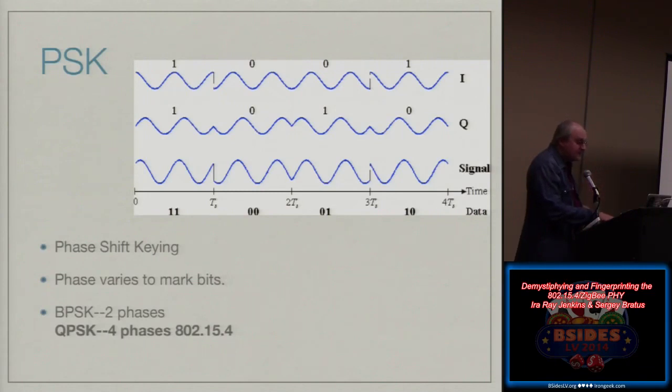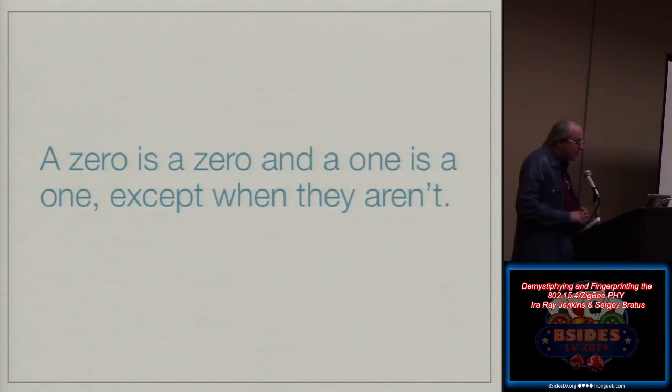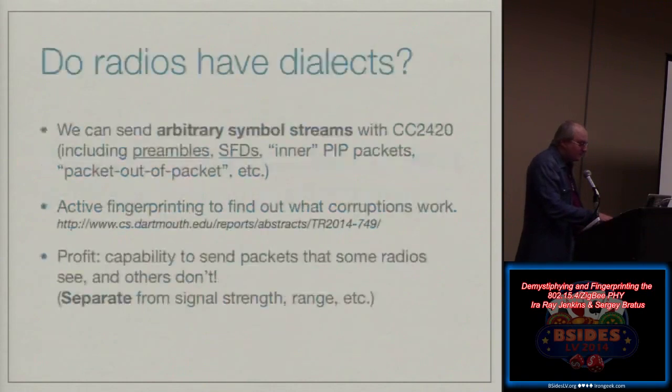It becomes demystified. So a 0 is a 0, and a 1 is a 1, except when they aren't. So that thing about chips, right, that was a lie as well. They're just pieces of the sine wave.